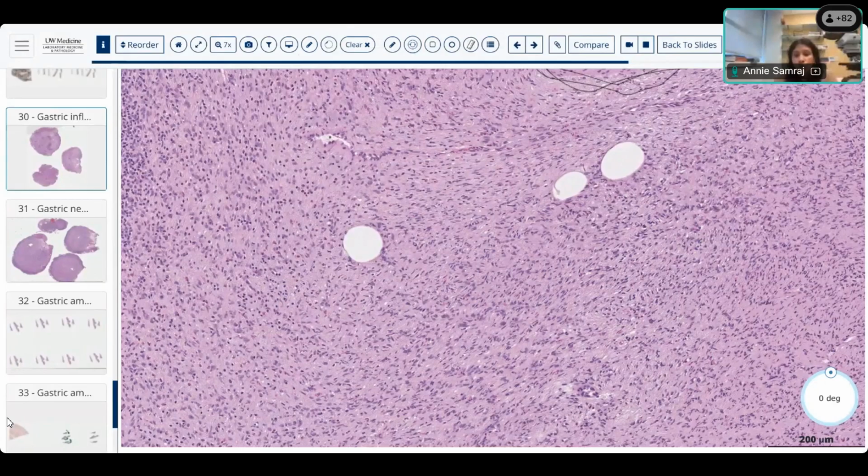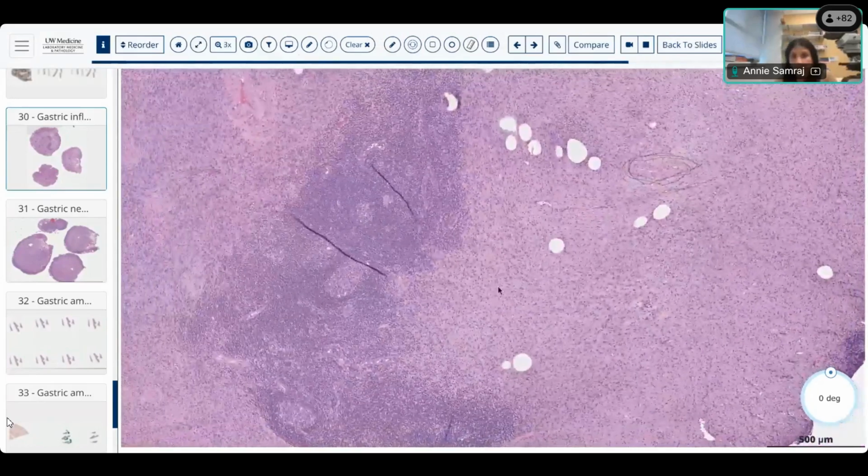But a schwannoma and GIST are going to be in the muscularis propria. So if you're in the submucosa, definitely think of IFP. IFP can be seen in other areas of the GIT as well. In the small intestine, you can see it as well.